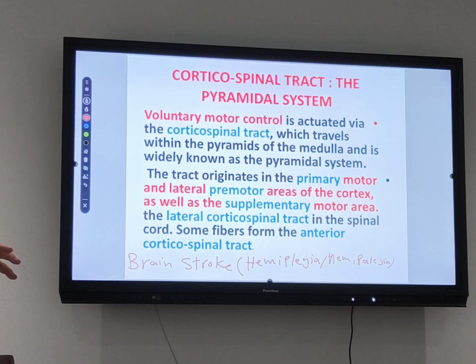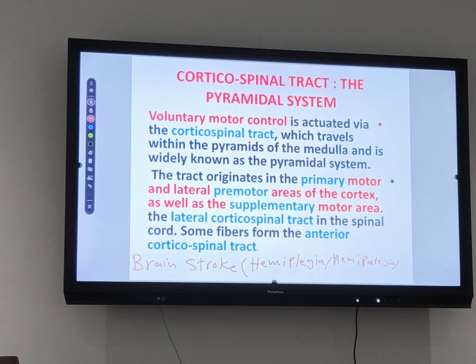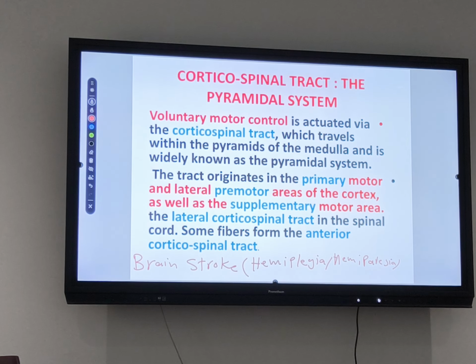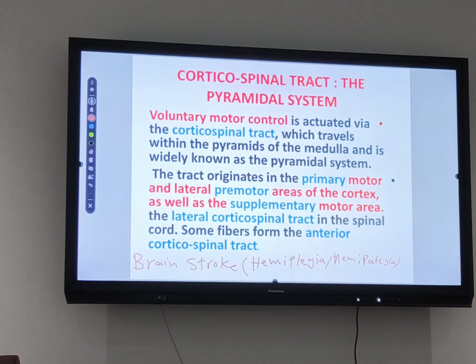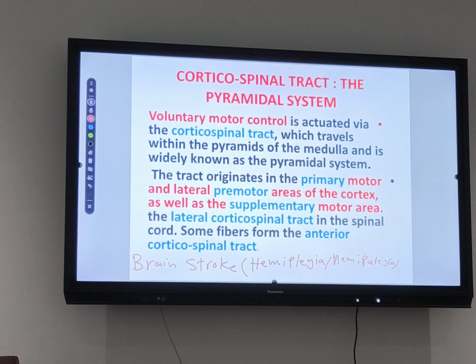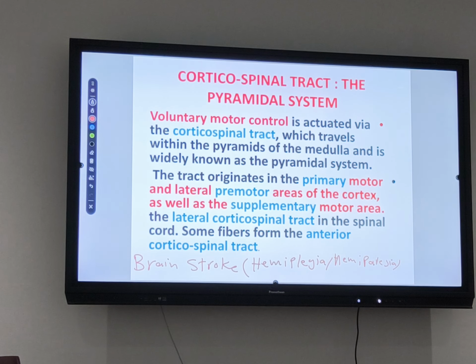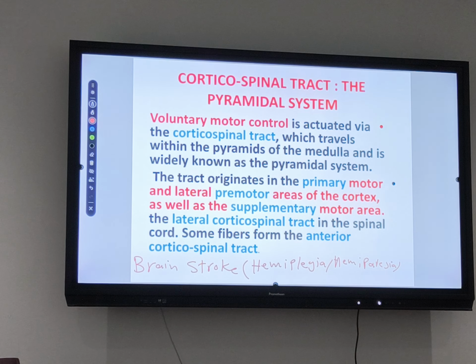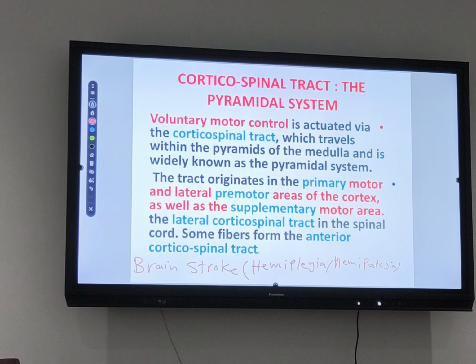The brainstem is very important. The corticospinal tract from the cortical area comes to the medulla, and on the medulla the fibers cross.